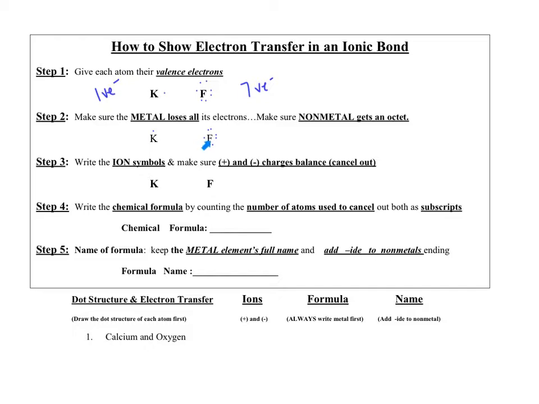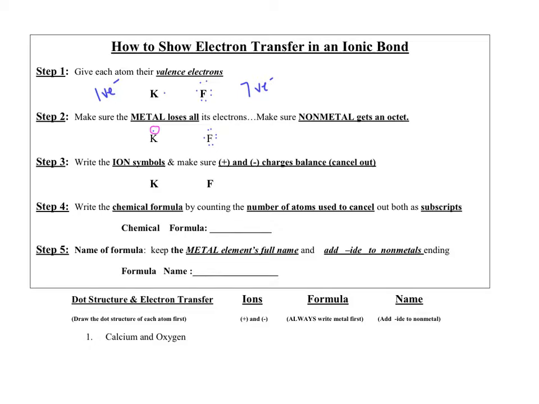Normally, I would draw them in a counterclockwise direction, and the unpaired electron would end up on the other side. But here, just for bonding purposes, I'm going to show you that potassium with one valence electron will share with fluorine. Potassium is my metal, so it's going to lose electrons.